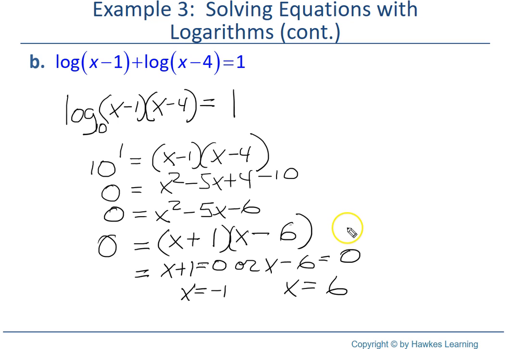Now, excellent work using all of the techniques that we've had. But if you take your negative 1 and put it up here, we have a negative 1 and a negative x. This gives you the log of a negative 2.